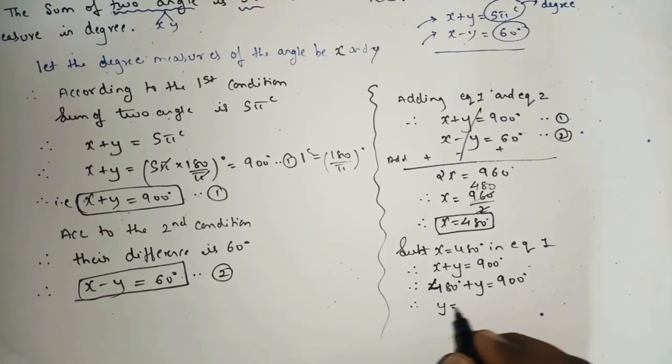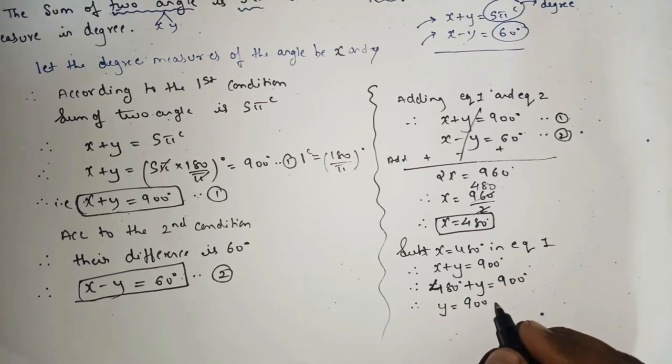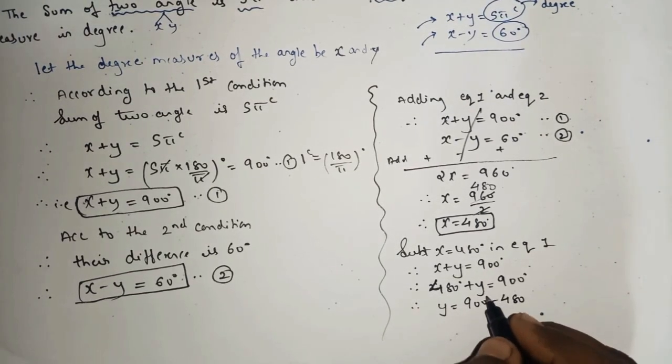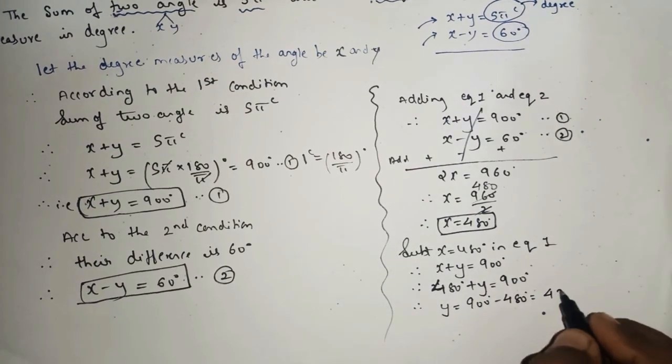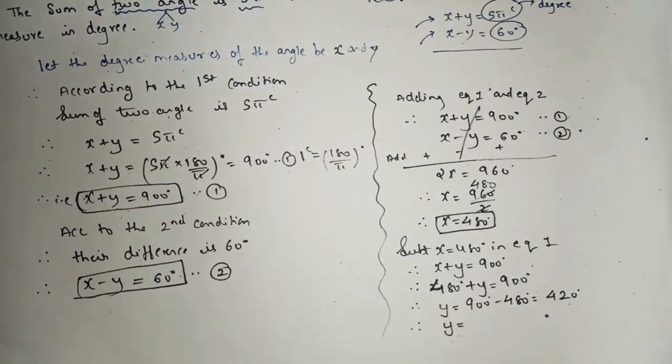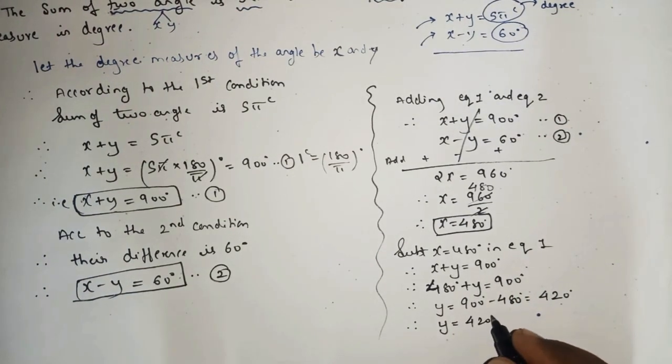Therefore y will be equal to 900 minus 480, which will be 420. So here we got the answer of y also, that is 420.